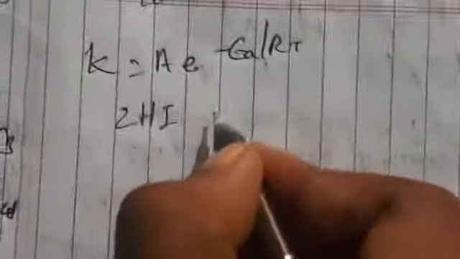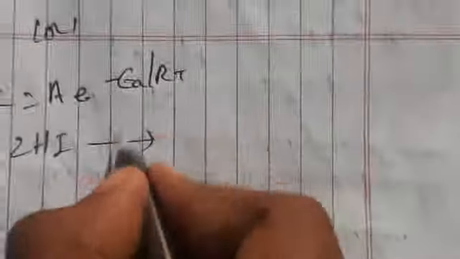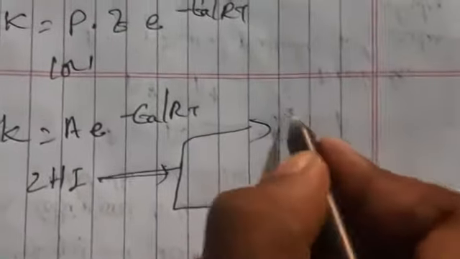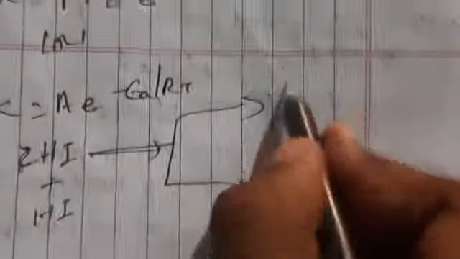Let us take two HI molecules. HI plus HI, like this.